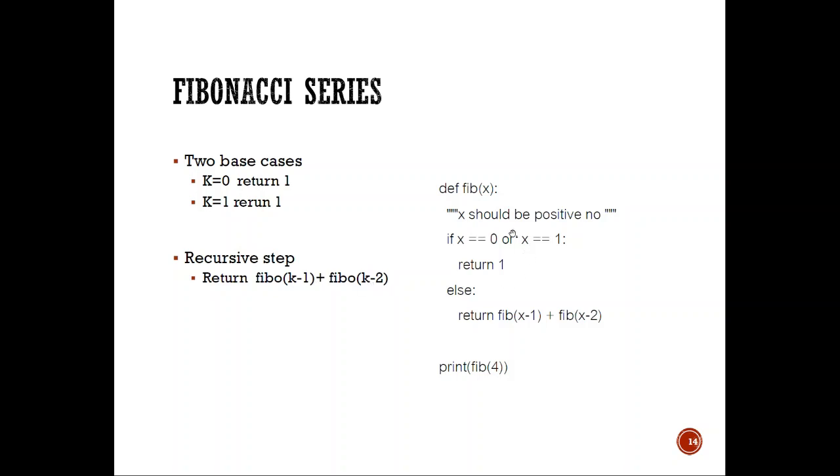So in this case, we define fib as: if x is equal to 0 or x equals 1, we return 1. Else, we return the sum of fib of x minus 1 plus fib of x minus 2. And then we can try printing fib of 4, which is the fourth item.